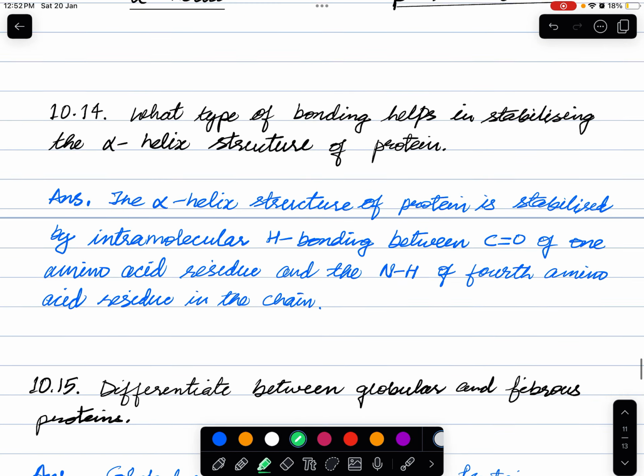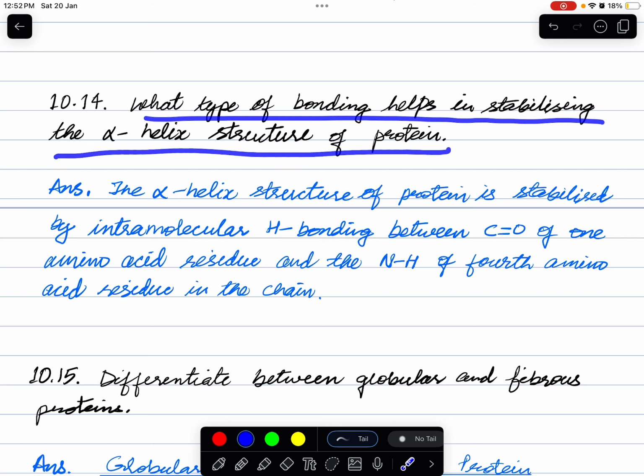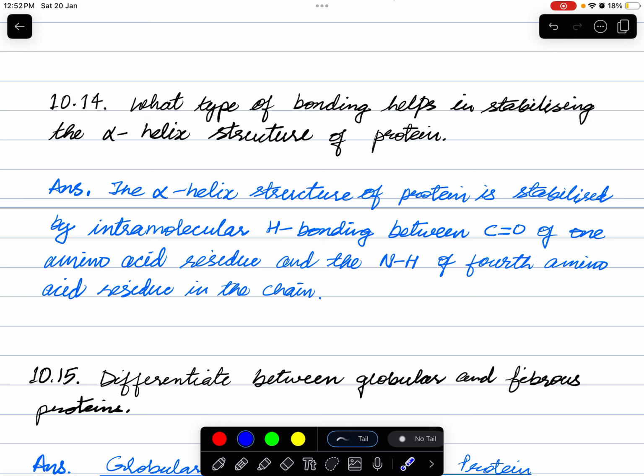Next question. What type of bonding helps in stabilizing the alpha helix structure? We have already done this in the last question. So the alpha helix structure of protein is stabilized by intramolecular hydrogen bonding. Intramolecular means within the molecule.